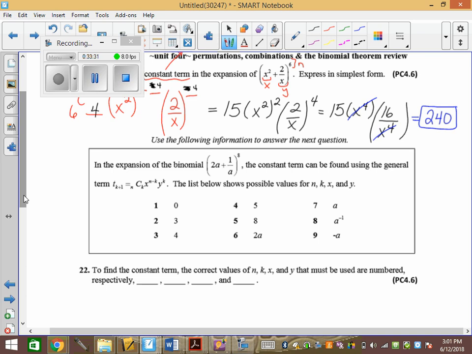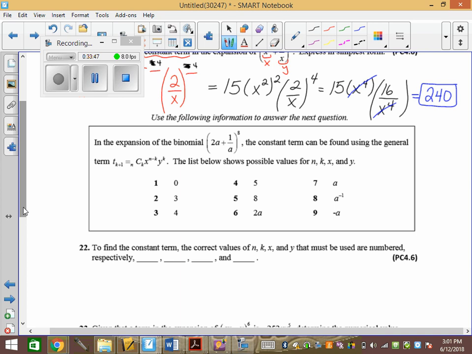Two left. Okay, 22. In the expansion of the binomial 2a plus 1 over a, the constant term can be found using the general term. The list below shows possible values for n, k, x, and y. To find the constant term, the correct values of n, k, x, and y are, well, let's figure it out first.